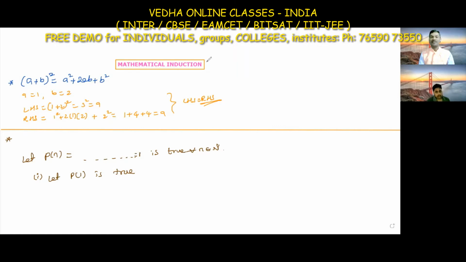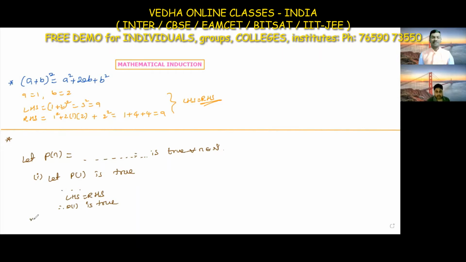We simplify and get the conclusion that LHS equals RHS, therefore P of 1 is true.